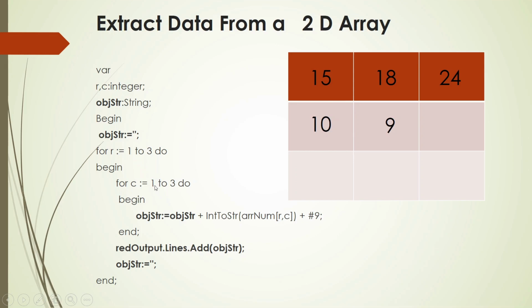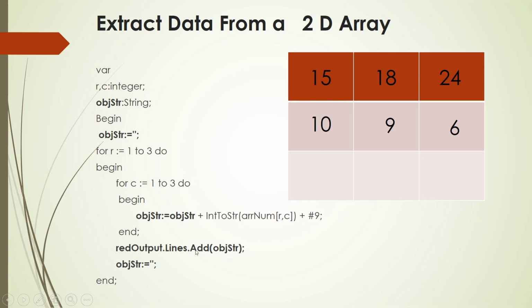At the end, C now becomes 2. In ARR num of 2, 2, I want to display that value. I hit the end and C now becomes 3. In ARR num of 2, 3, I now want to display the next value and tab set.